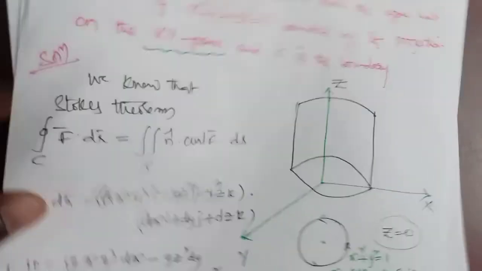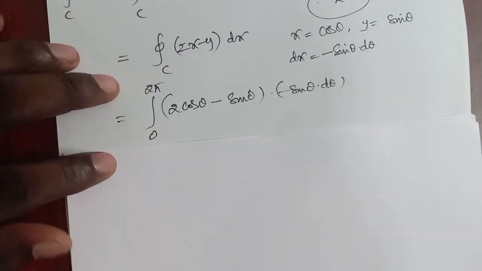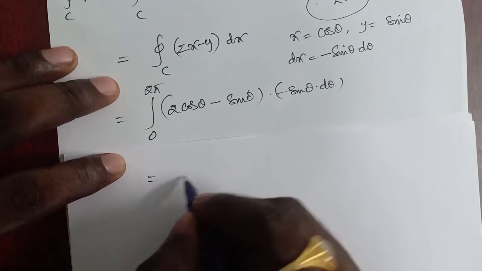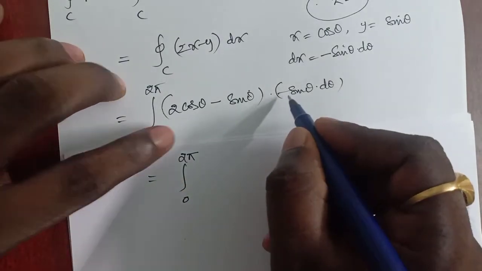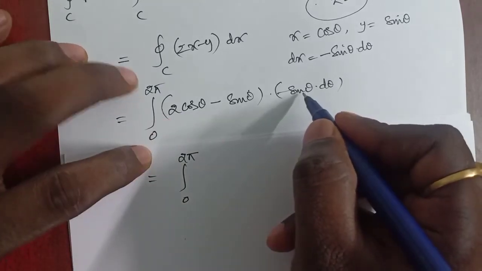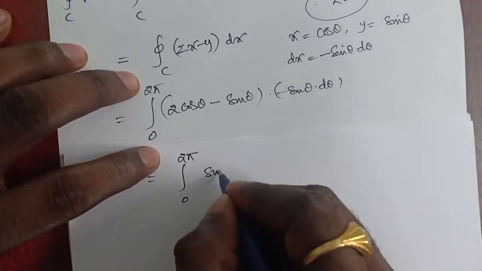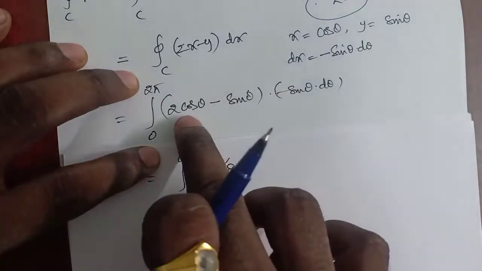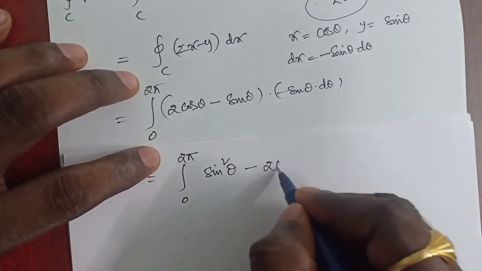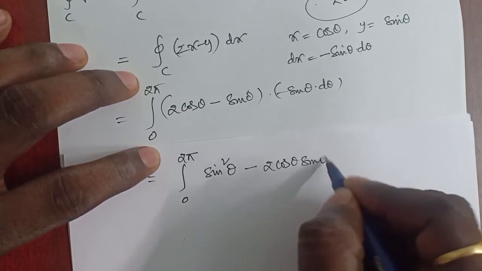Now, clearly take this. From 0 to 2 pi, minus sin theta into minus sin theta is sin square theta, and minus sin theta into 2 cos theta is minus 2 cos theta sin theta.